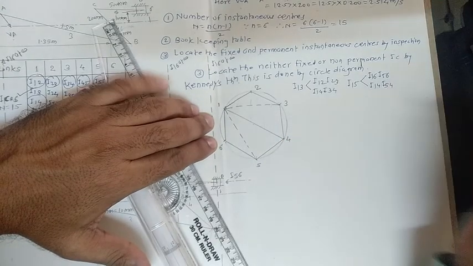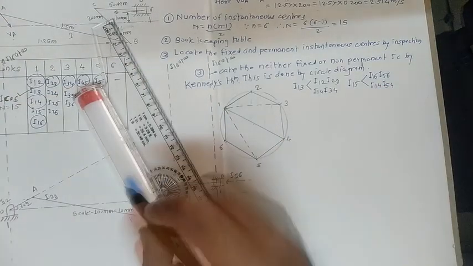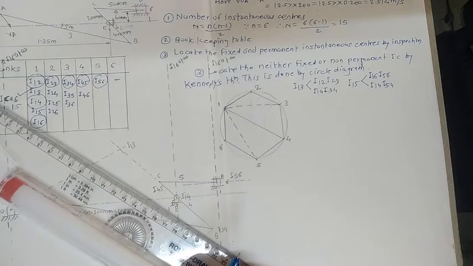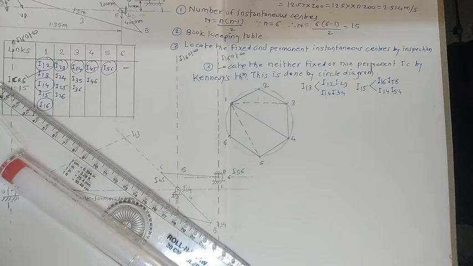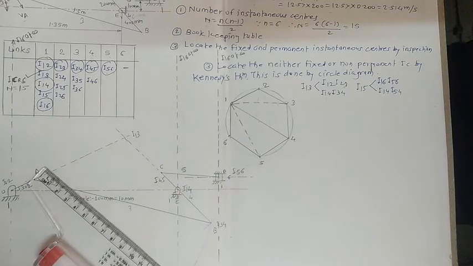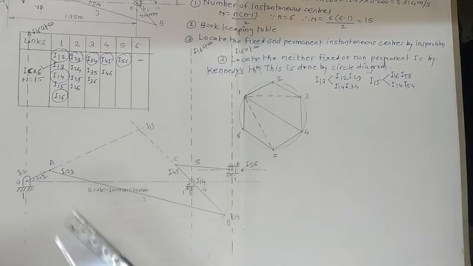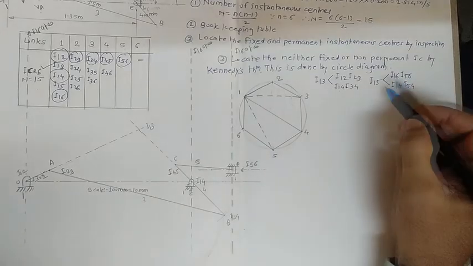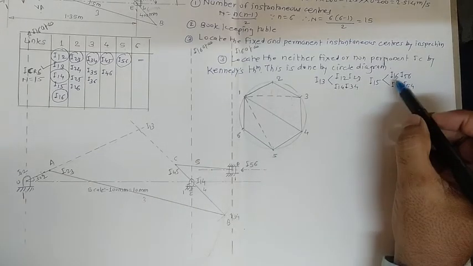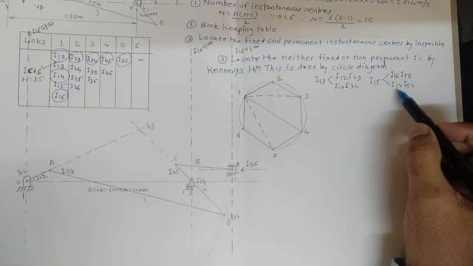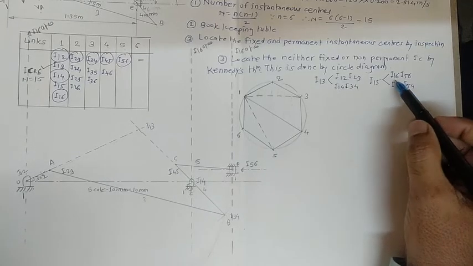Now reflect this on the diagram. Now locate this I15 on this diagram. I15 is the intersection of I16, 56, and at the same time, if you see from the bottom side, I14, 54.